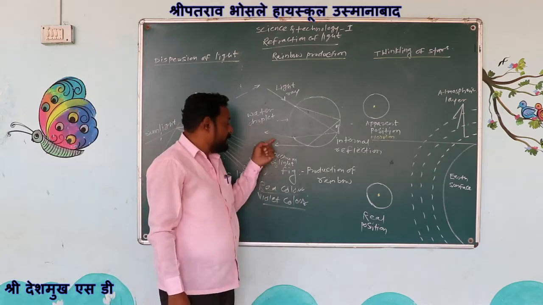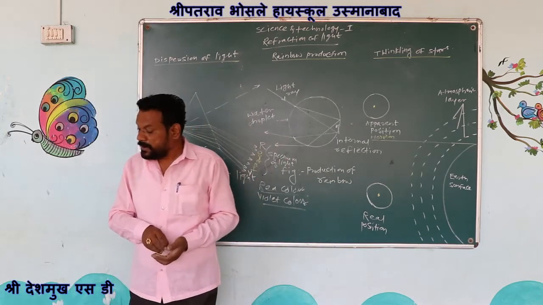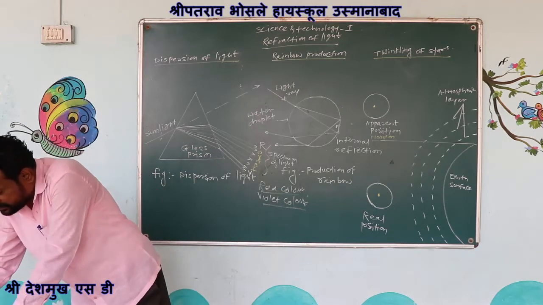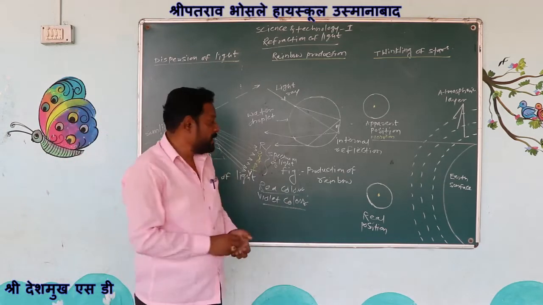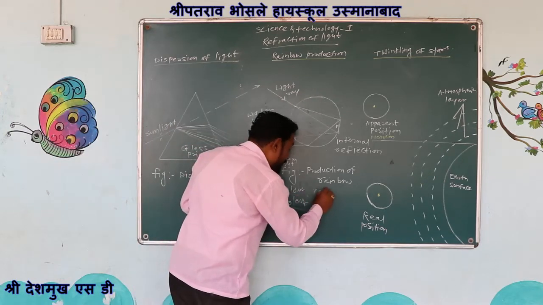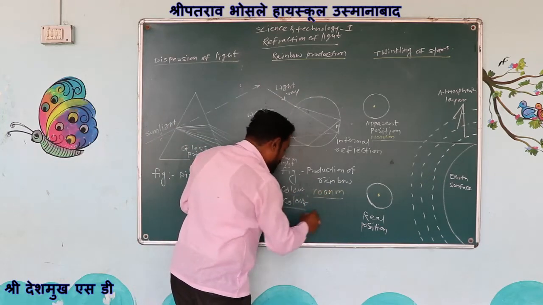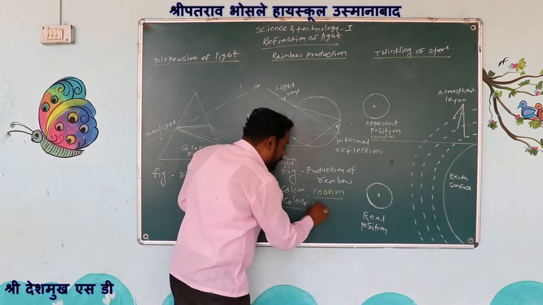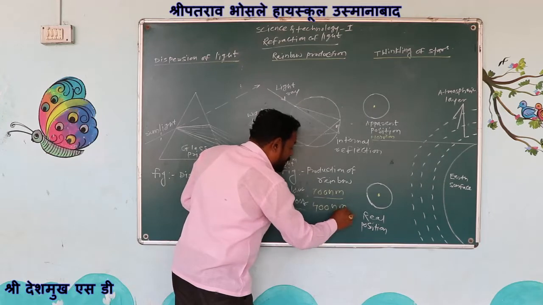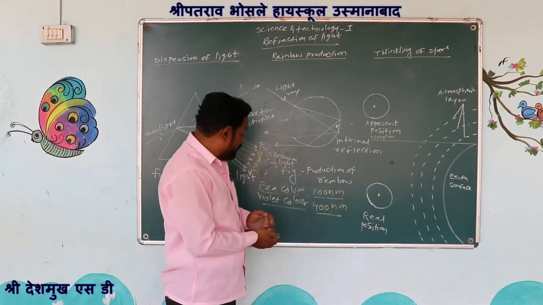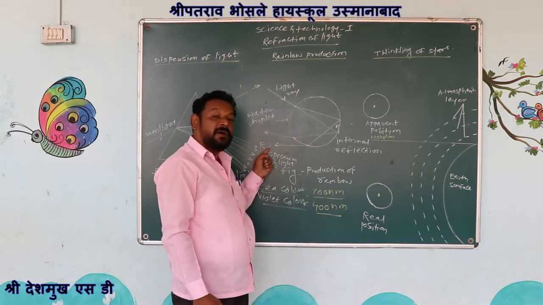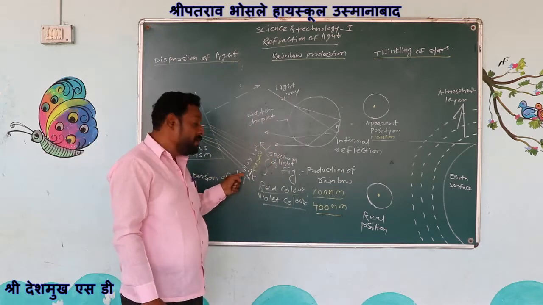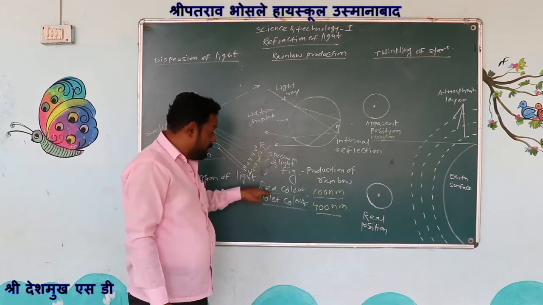The red color has the maximum wavelength, close to 700 nanometers, and the violet color has 400 nanometers. The angle of deviation for red color is least, and the angle of deviation for violet color is most.